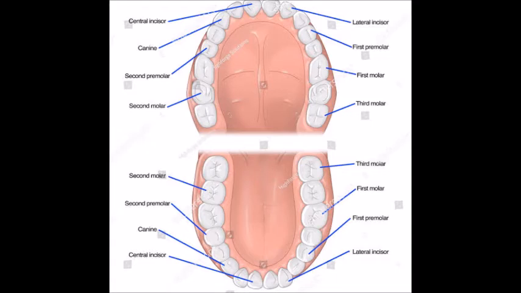Now, premolars and molars are bigger than both incisors and canines. Premolars are present next to canines and molars are present next to premolars. They have a broader surface and help us grind the food, so they are called grinding teeth.